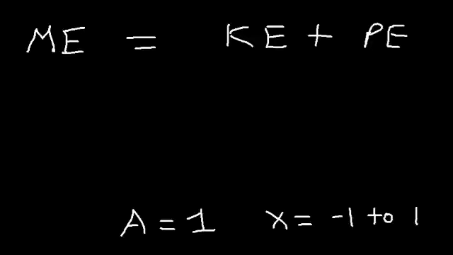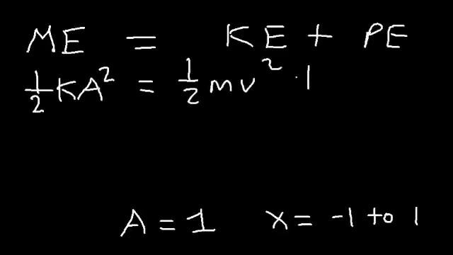The mechanical energy depends on the amplitude, that is the maximum value of x, or the maximum displacement. So the mechanical energy is 1/2 ka squared. The kinetic energy is 1/2 mv squared. And the potential energy is 1/2 kx squared.